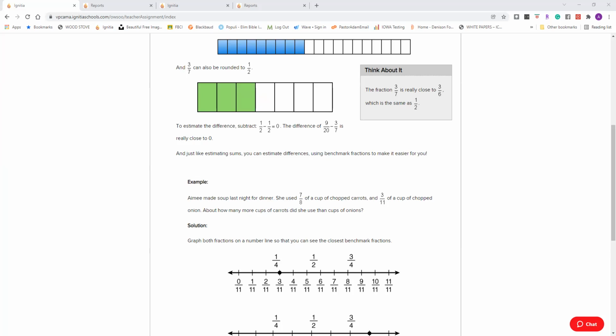Now, let's take a moment and look at this one down here, because we're going to use this to estimate to the nearest half, or to the nearest quarter. So we're going to do the nearest quarter. So it's either a quarter, a half, 3/4, a whole, or 0, right?